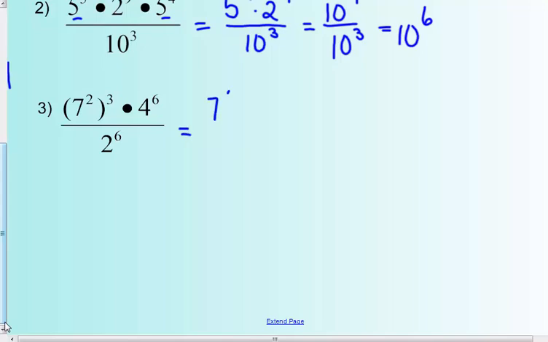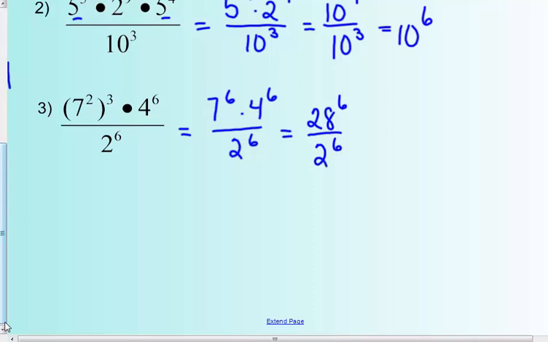Keep the base, multiply the exponents, times 4 to the 6th, all over 2 to the 6th. Well, now I have a power of a product. The power is the same. The product I can do, 7 times 4, that's 28 to the 6th over 2 to the 6th.